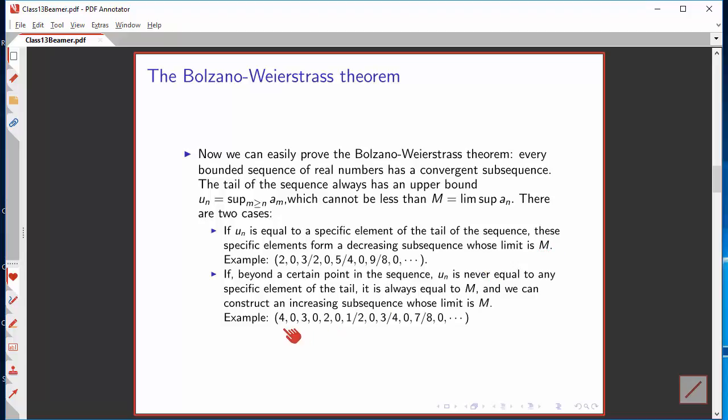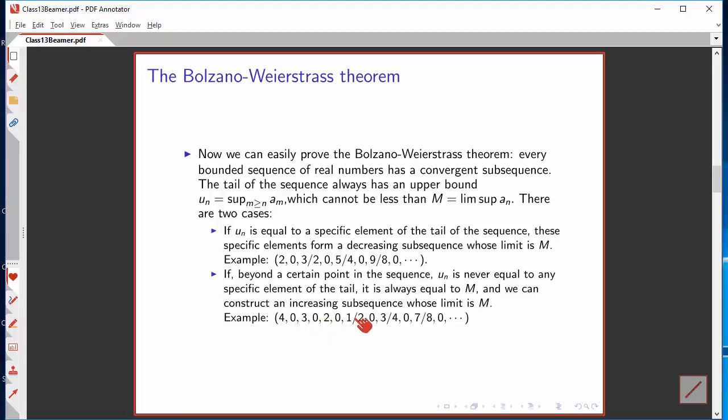However, it's entirely possible that we reach a point in the sequence where the supremum is not equal to any specific element in the tail of the sequence, in which case it's stuck at the value M, and in that case we can construct a subsequence that increases to M. Here's an example of that.